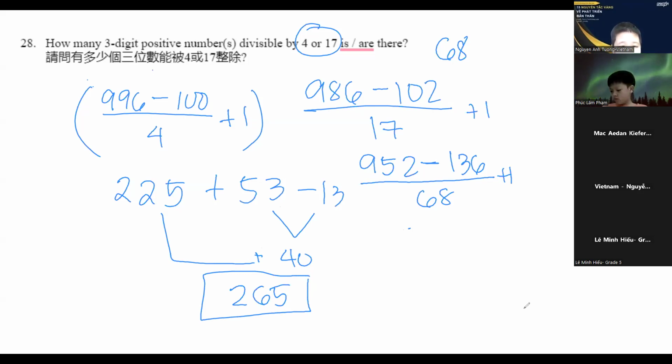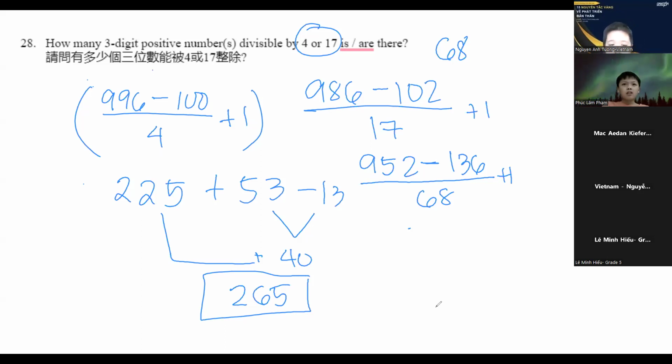Okay, so think everyone, there are multiple people as well. Answer 265. Very good. I think it's not 265, I think it's 268. Plus 53, I think it's 268.